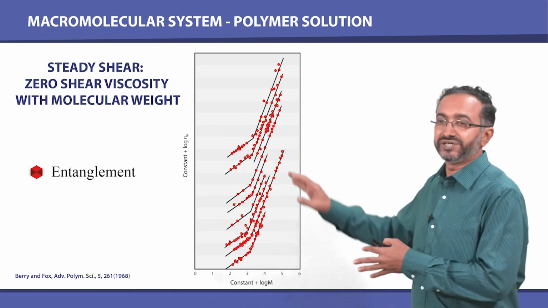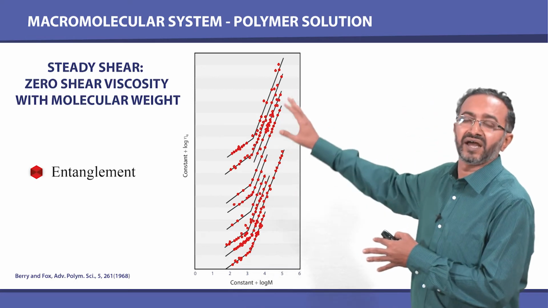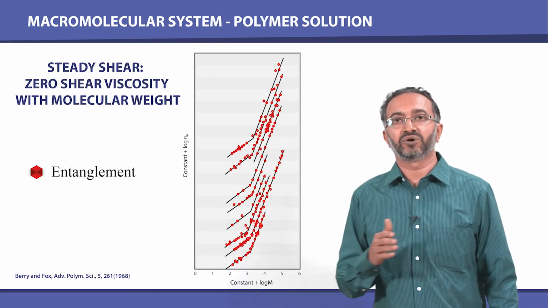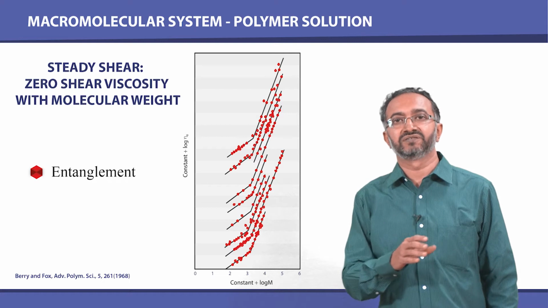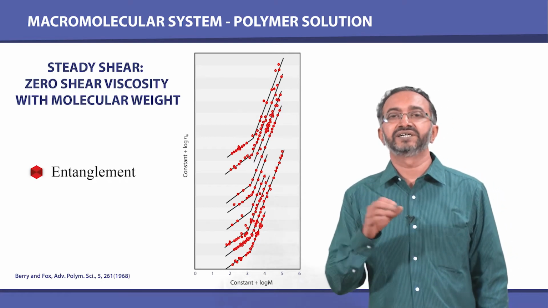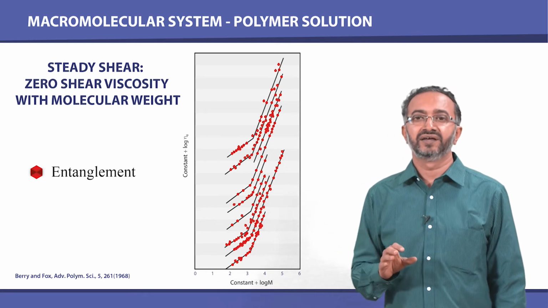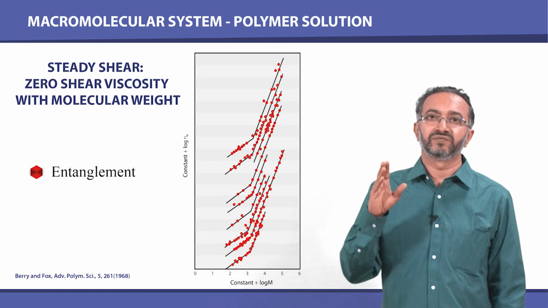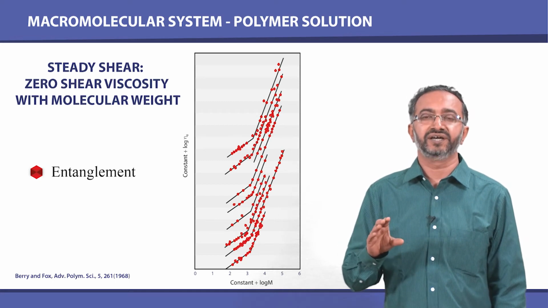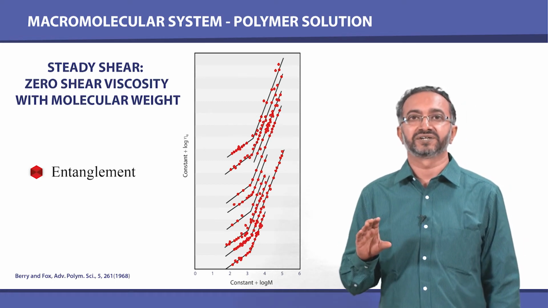The data shows viscosity as a function of molecular weight. As the molecular weight increases, we expect the viscosity to increase. But what is very interesting from this data is that all of them have a very discontinuous, very strong change in viscosity at a given molecular weight.